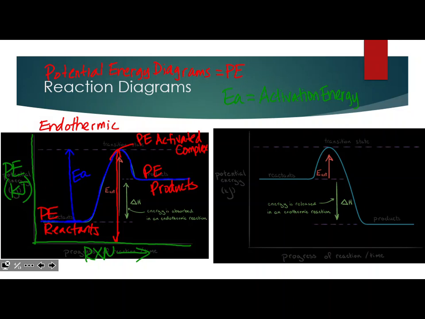You have intermediate compounds that are very unstable, rearranging. So that's why it has this big hill there. It's big rearranging of the bonds breaking and forming to get to your new products.